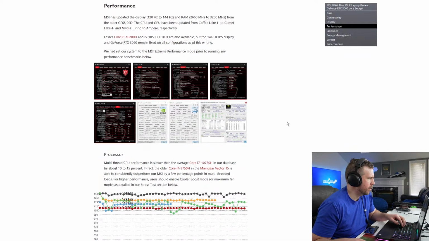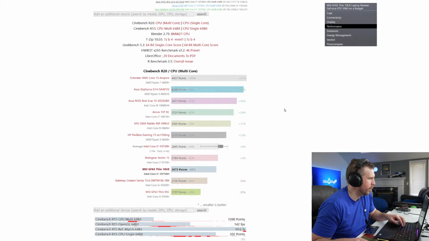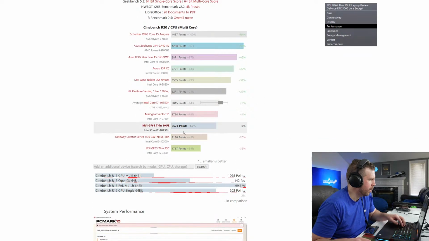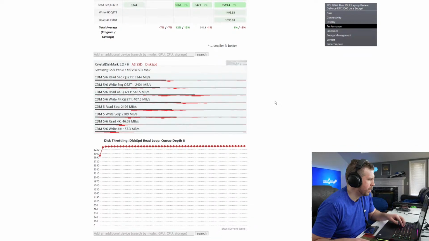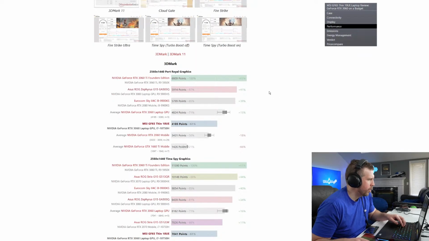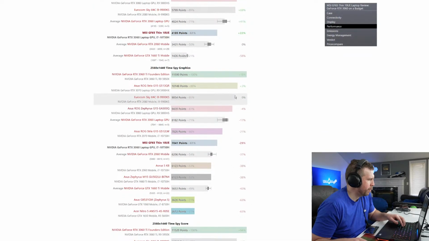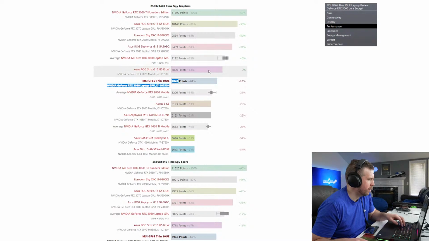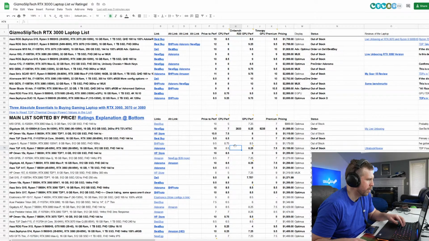But let's go ahead and see what we got for this MSI. So first up is Cinebench R20. This is the 10750H, so this is not the right processor. This should be the right GPU though, with the exact same TDP. For Timespy, we got 7041 for Timespy graphics.